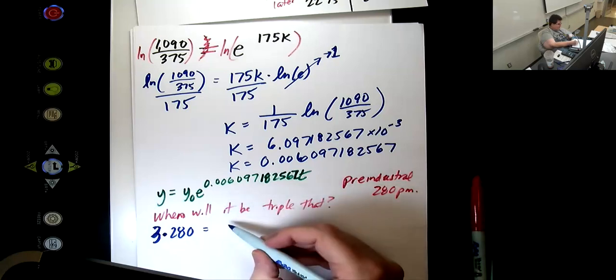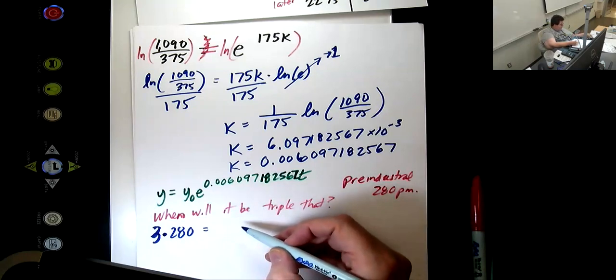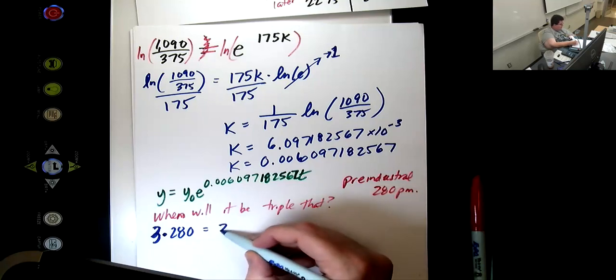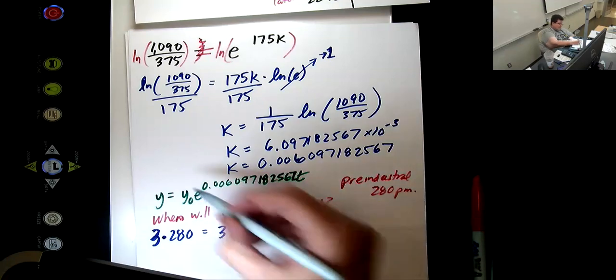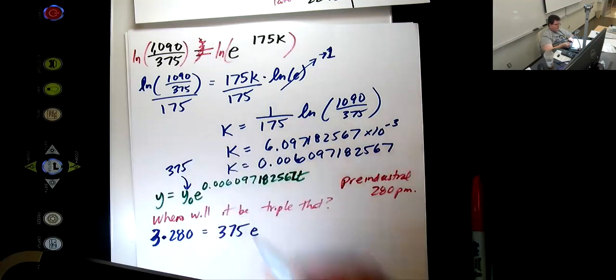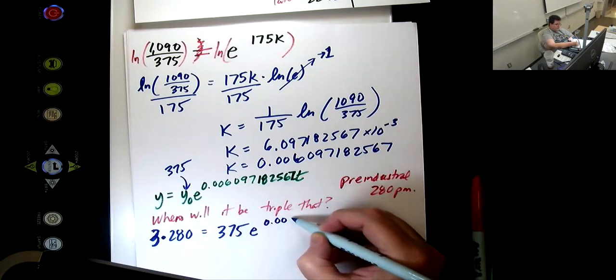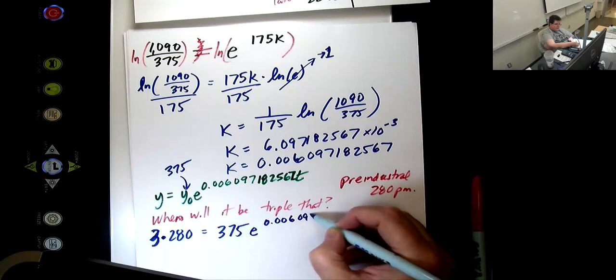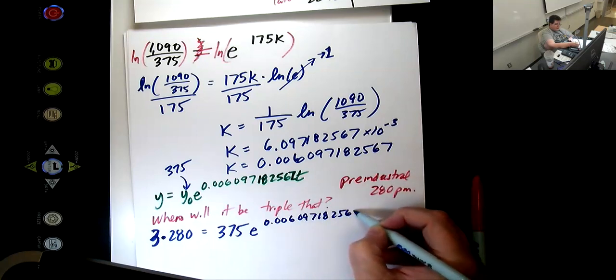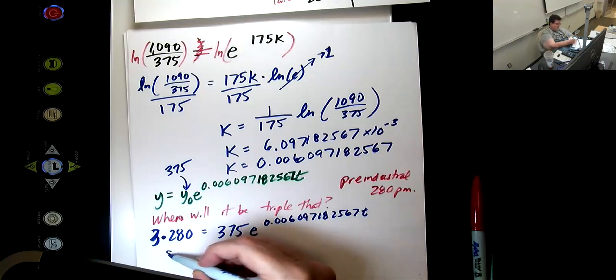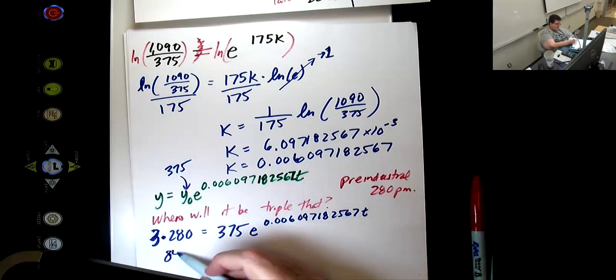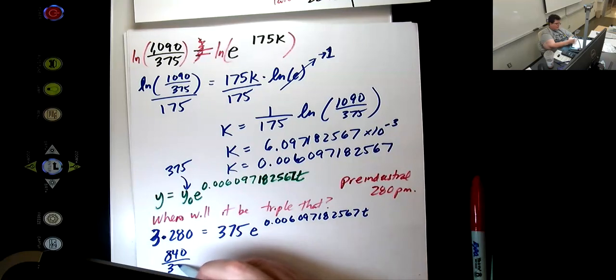Why not? It's back to what we had before. It was the 375 from our year 2000. I should have had that. I relied on that being the starting year. So what is that, 840? Divide both sides by the 375.